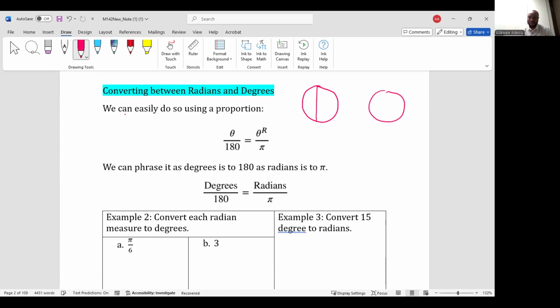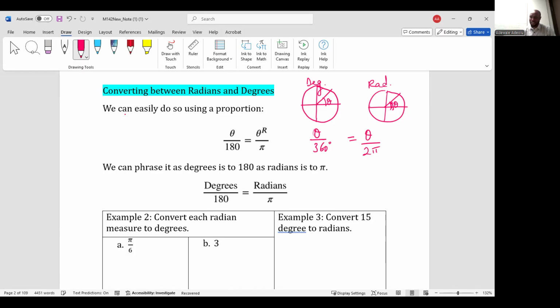Now, if I have something like this, and I call this theta, let me say this is in the degree world, and this is in the radian world. Now, this angle here is just part of 360 degrees, which is equivalent to this angle here being part of 2 pi. I hope that makes sense to you.